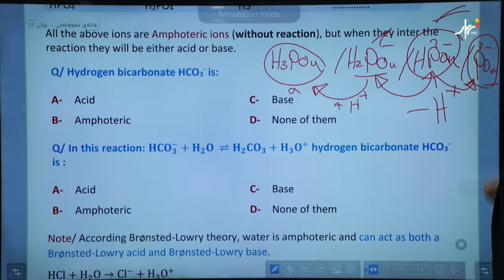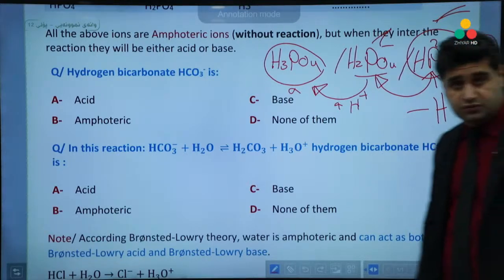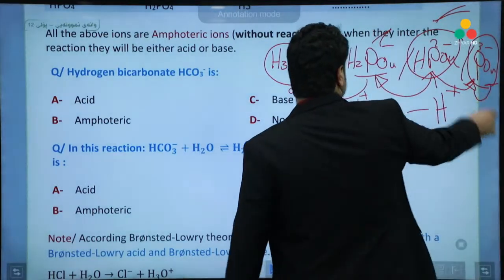About PO4, no, it has no proton at all. So the only potential for PO4 is gaining a proton. It cannot release a proton because it doesn't have any proton. So it's not amphoteric.